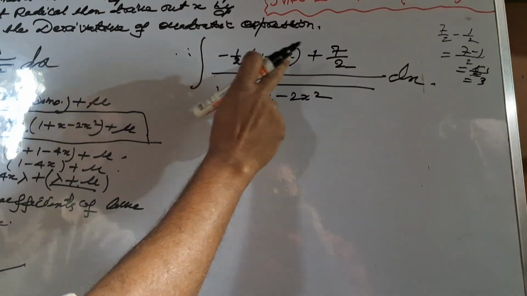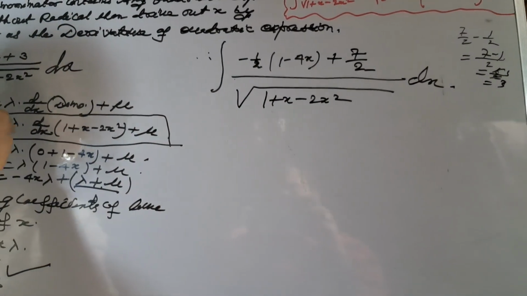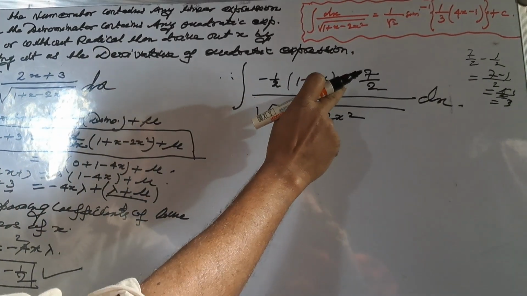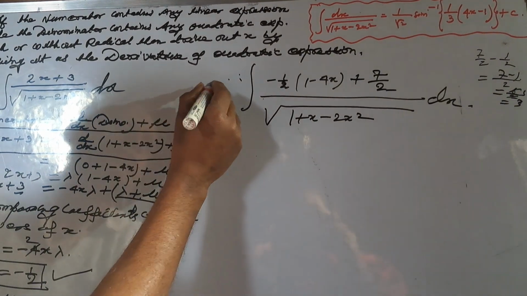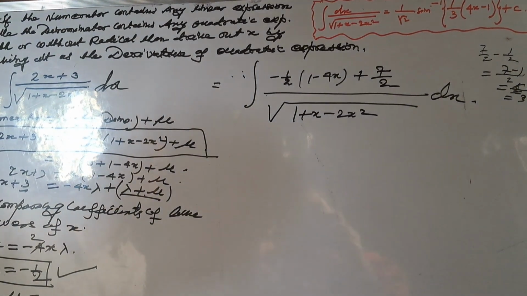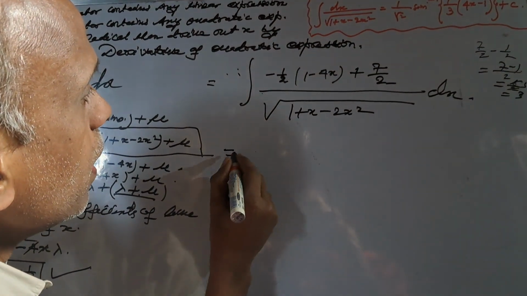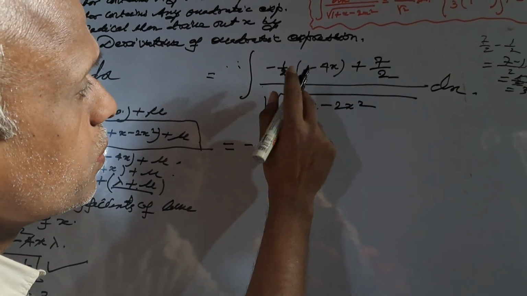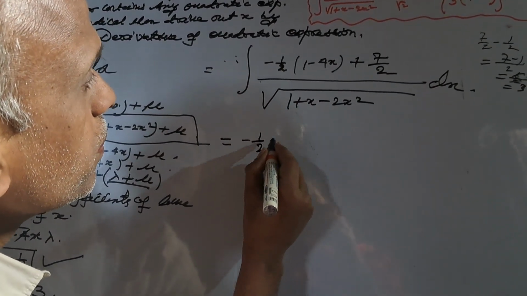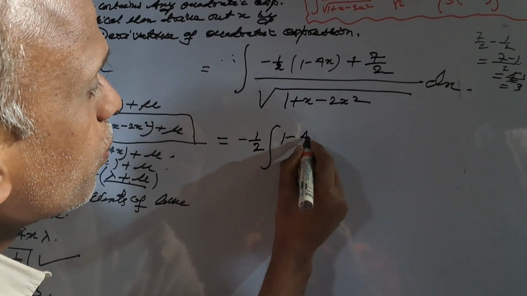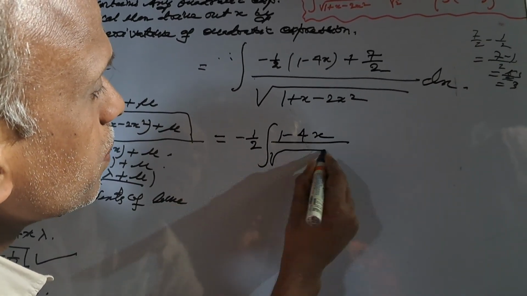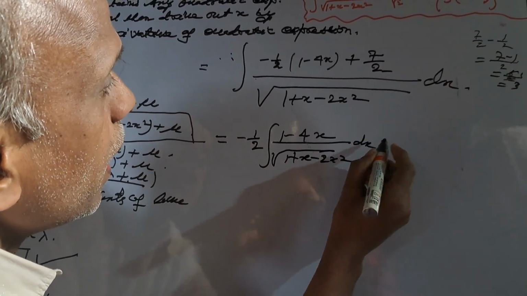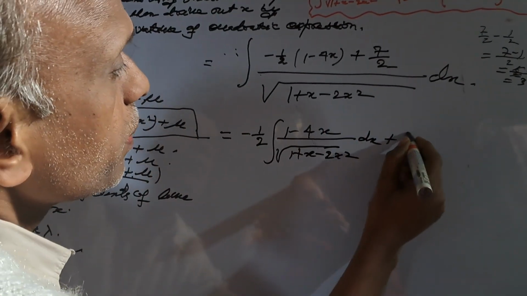So I have broken this 2x plus 3 in this form for evaluating the integration by method of substitution. You just see here, I will separate it as two integrals: minus 1 by 2 integral of 1 minus 4x divided by under root 1 plus x minus 2x square dx, and this becomes 7 by 2.